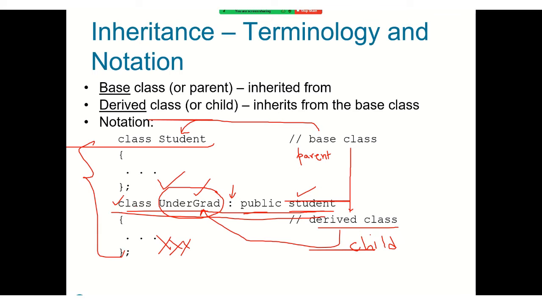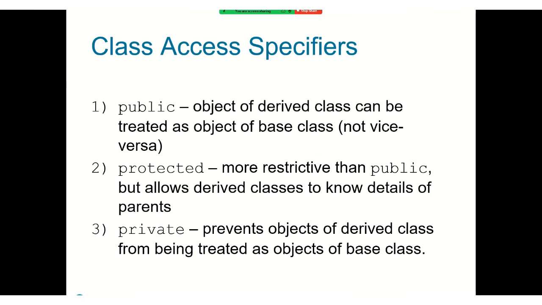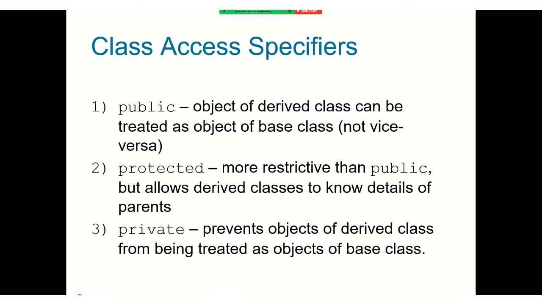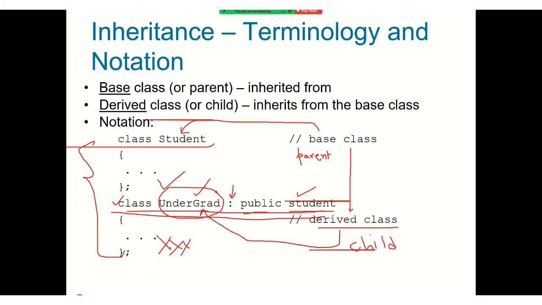This is the access modifier for the derived class. So if your derived class is private, then everything here is private. If your derived class is protected, then everything is basically protected. And if it is public, then, I'm sorry, I should have told it in a different way. So it should be like that.